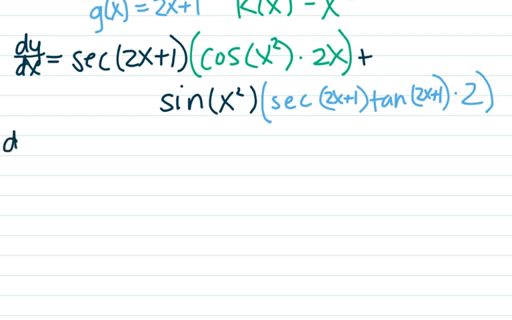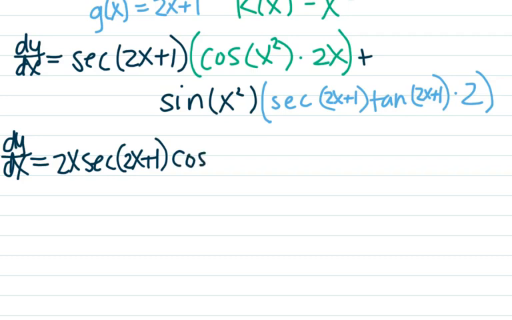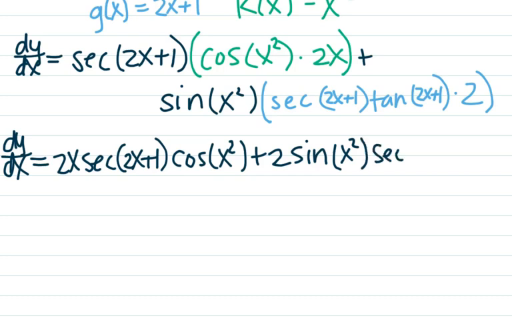So for my final answer, I'm going to write dy dx equals 2x secant of 2x plus 1 times cosine of x squared plus, and then again I'm going to bring this 2 all the way to the front, 2 sine of x squared secant of 2x plus 1 tangent of 2x plus 1.